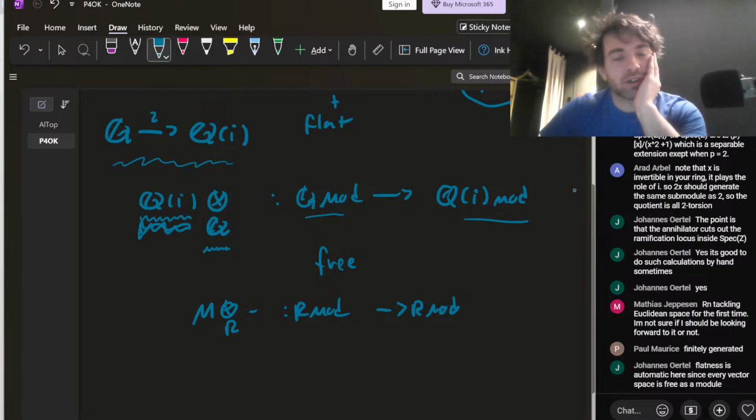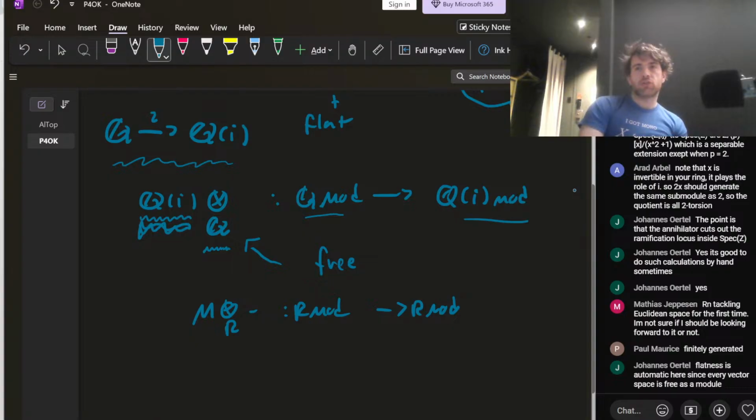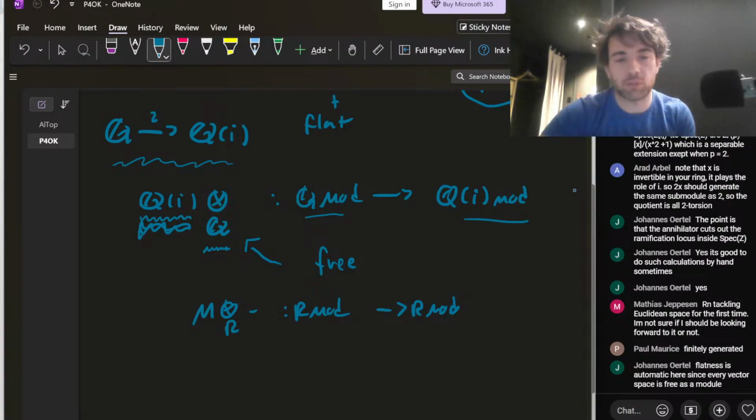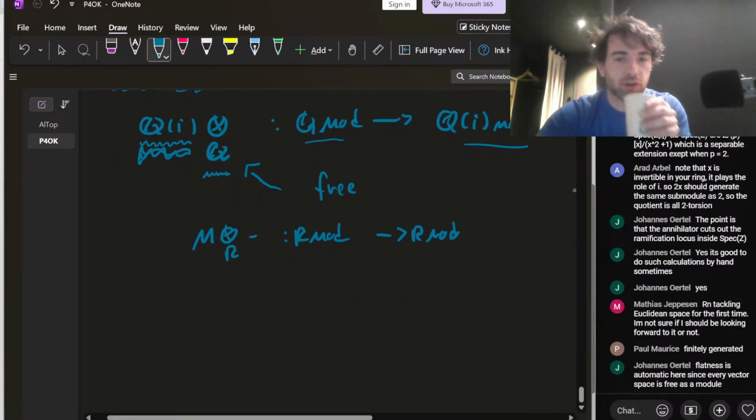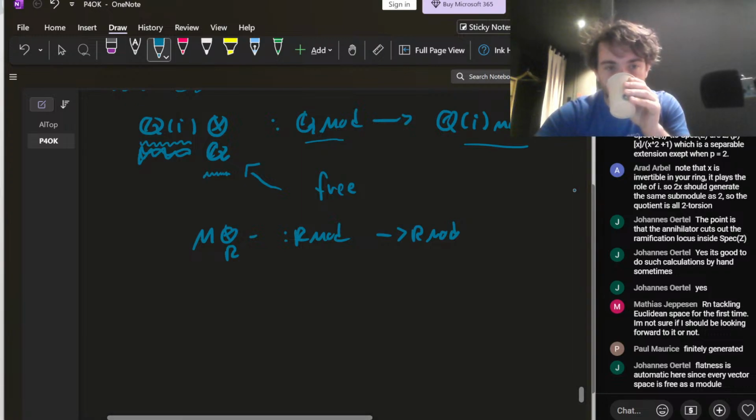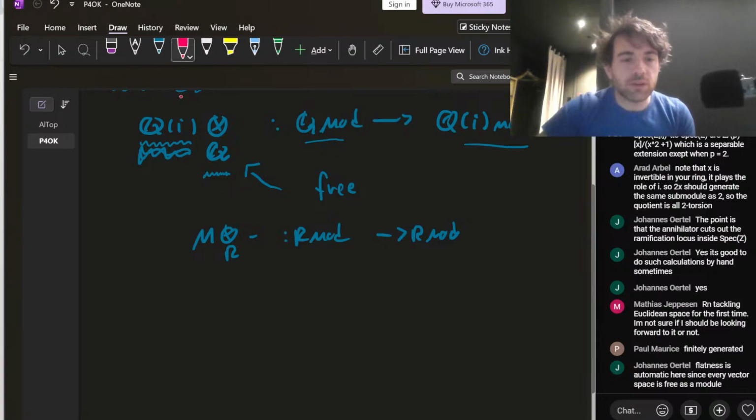Certainly that is exact. But is it also automatic that if you extend scalars by any free module? It should be true, especially over a vector space. I don't doubt that it's true in this case, but I just wonder if there is still something to check here. What would be the general thing?